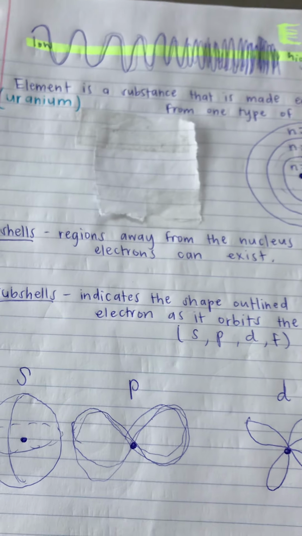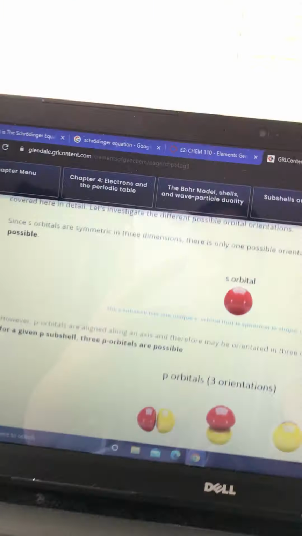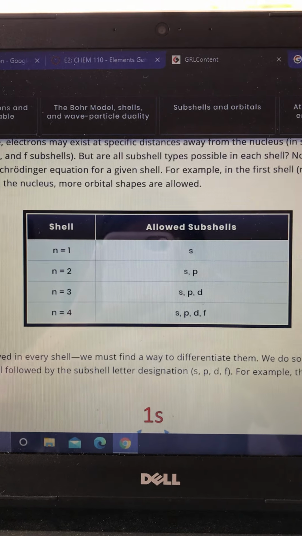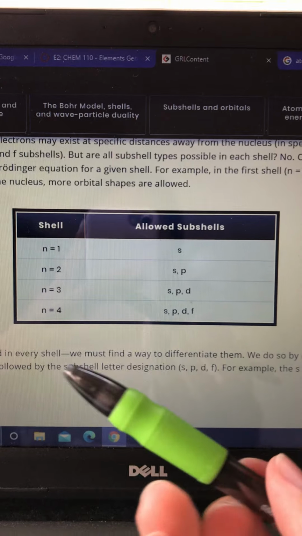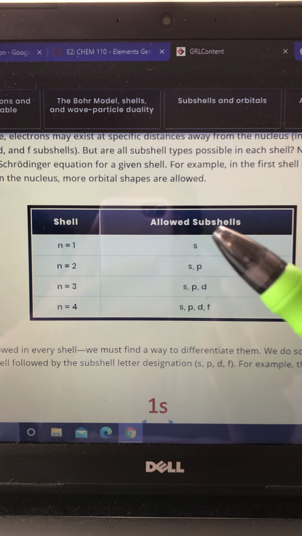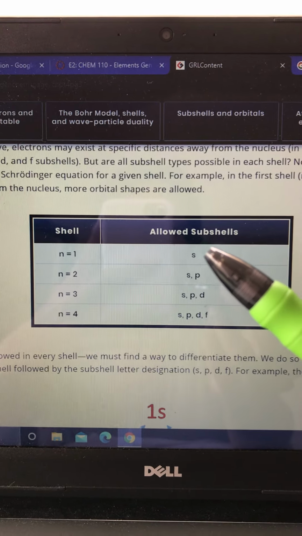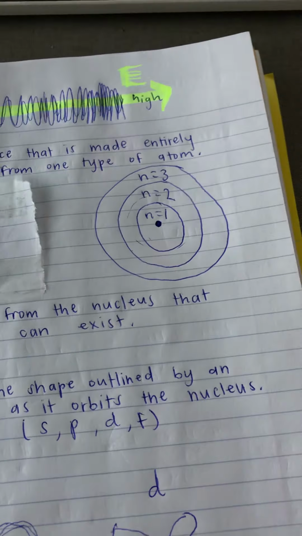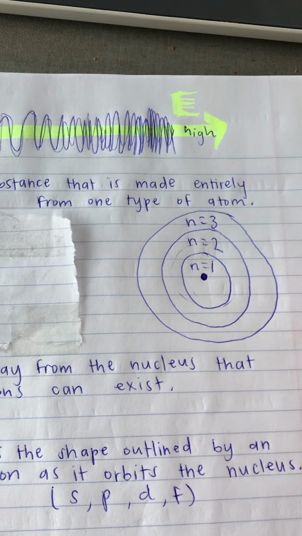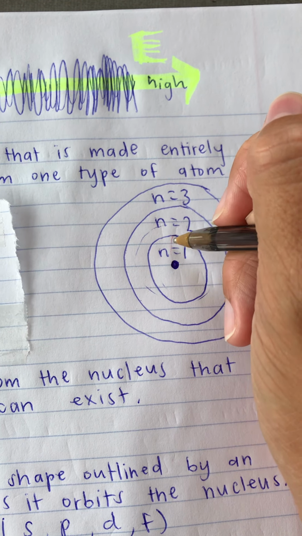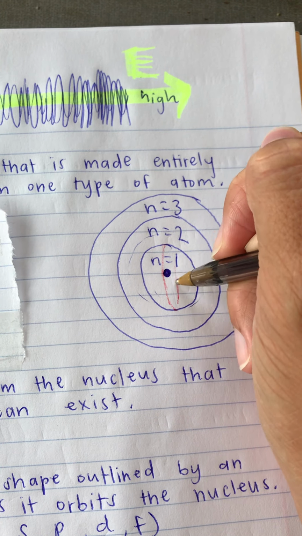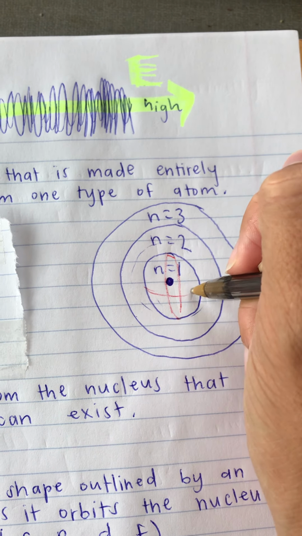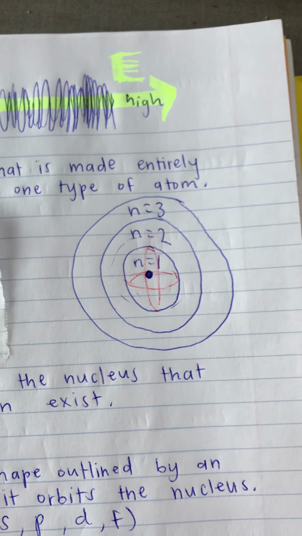So let's go back to our book now and look at this table that tells us, for the first shell, n equals 1, the allowed subshells, meaning the direction of the electrons traveling, is only going to be the S shape. Let's see what that looks like. I'll take red. So electrons can only travel in this fashion in n equals 1.